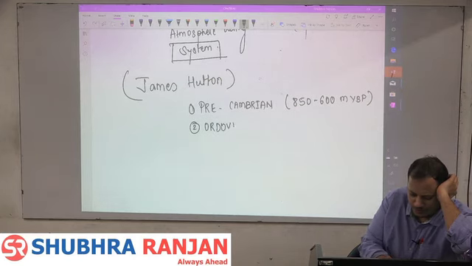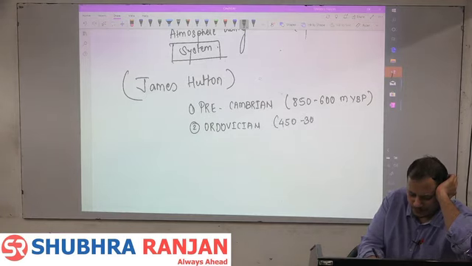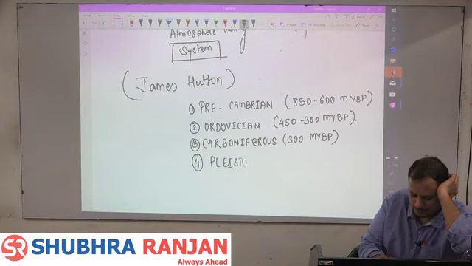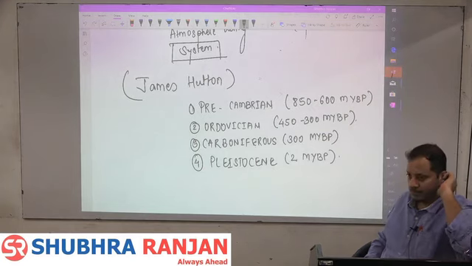Ordovician, Carboniferous. ये कंटिन्यू हुआ था ऑर्डोविशियन का आइस एज इन द कार्बोनिफरस. And Pleistocene.